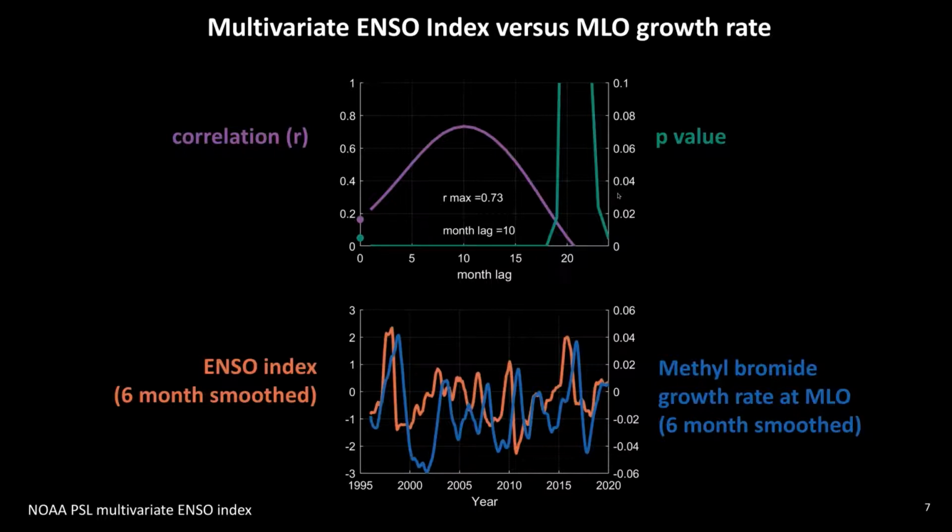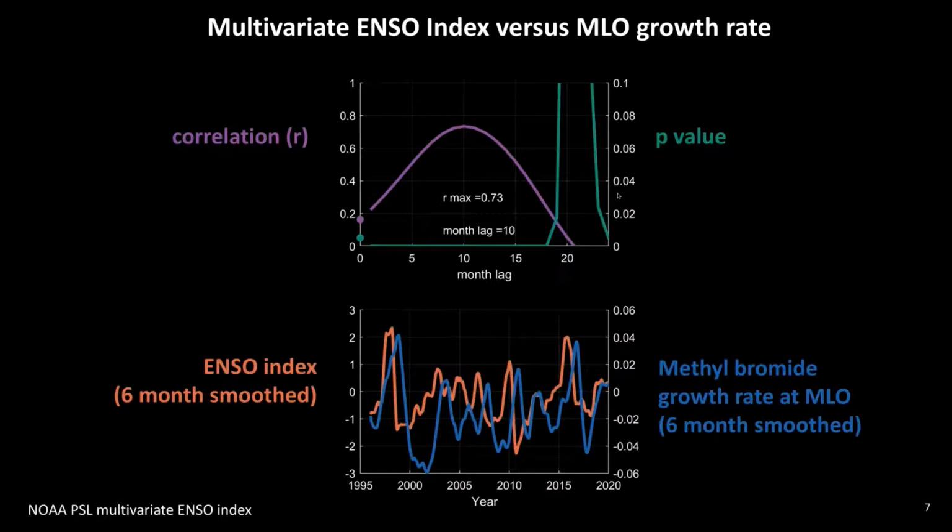And so in the top panel, I wanted to explore when I actually had the strongest correlation between ENSO and methyl bromide at a lag time. In purple, I'm showing you the correlation coefficient, or R, for a given lag time, and that's what the horizontal axis is. I find that the strongest correlation with ENSO and methyl bromide happens at a lag of about 10 months with an R max of 0.73.